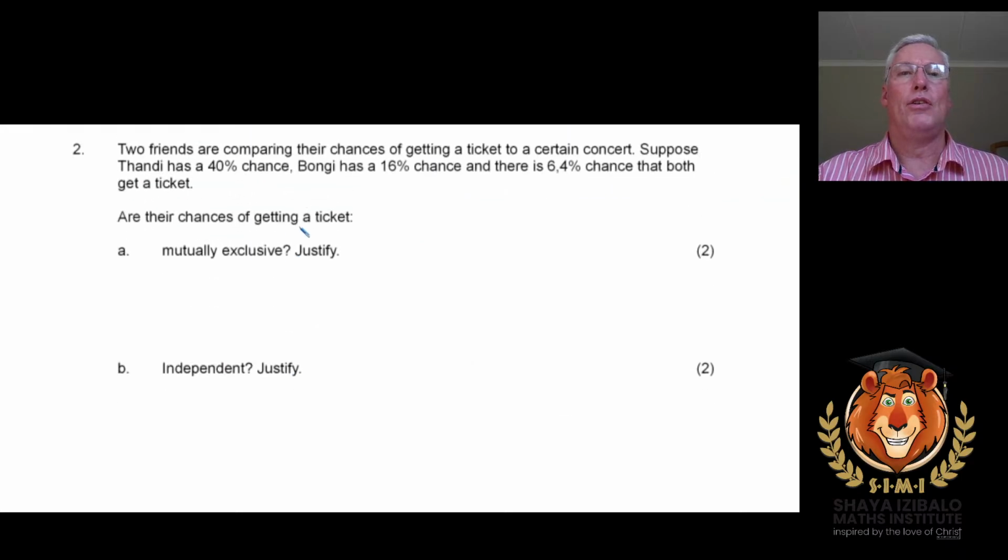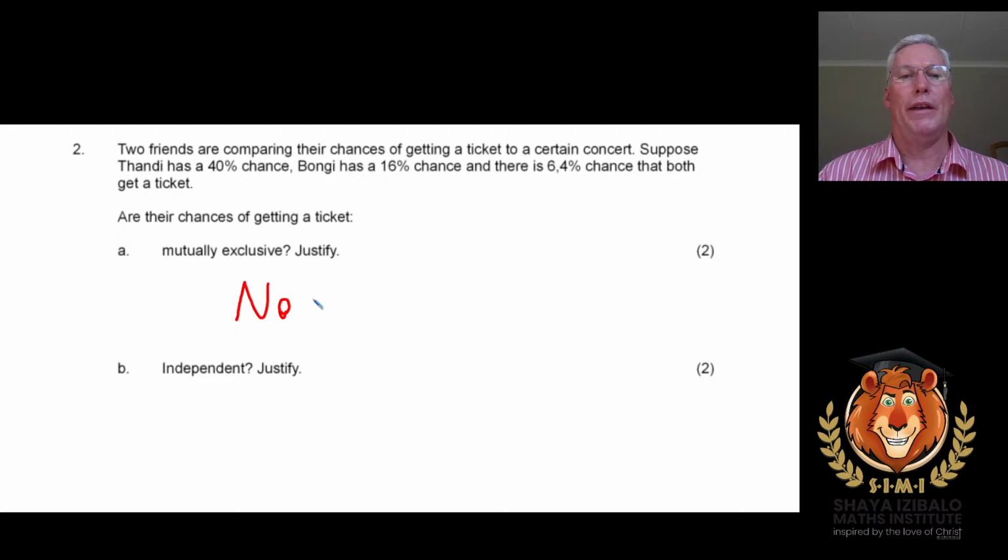And it says, 2 friends are comparing their chances of getting a ticket to a certain concert. Suppose Tandi has a 40% chance, Bongi has a 16% chance, and there's a 6.4% chance that both get a ticket. Are these things mutually exclusive?